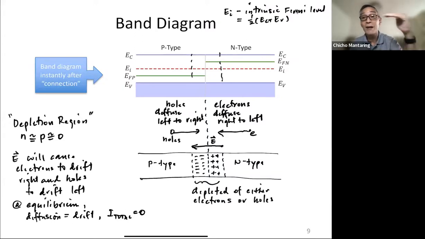That's the electrons diffusing right to left. Pero yung electrons naman are drifting left to right. Okay? So yung net flow ng electrons magiging 0 at equilibrium. Ganun din, no? Yung holes mo naman baliktad, no? Yung holes are left to right, diffusion, right to left drift, so magiging 0. So at equilibrium, this is going to be 0, which makes sense kasi it's just a piece of semiconductor material.